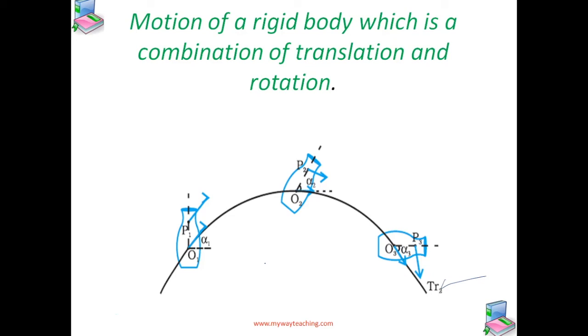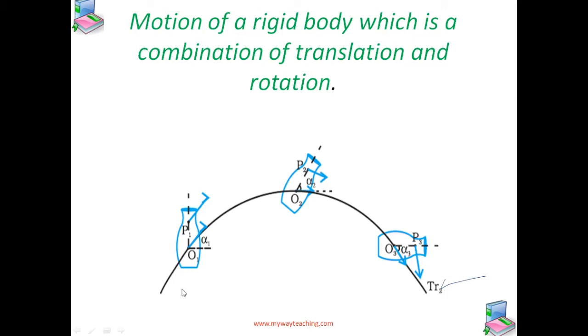When we consider that cylinder which is rolling down the inclined plane, it was a combination of translational motion and rotational motion.